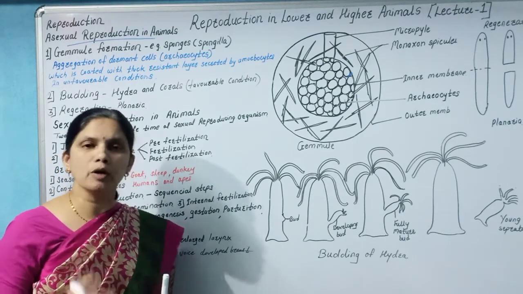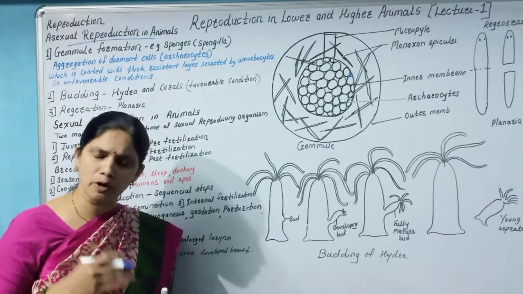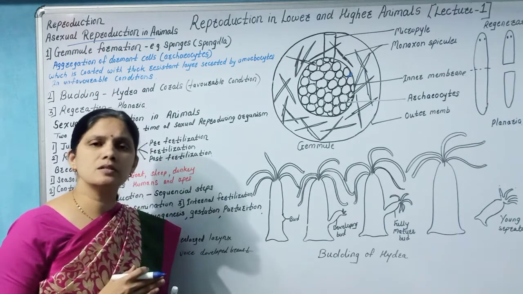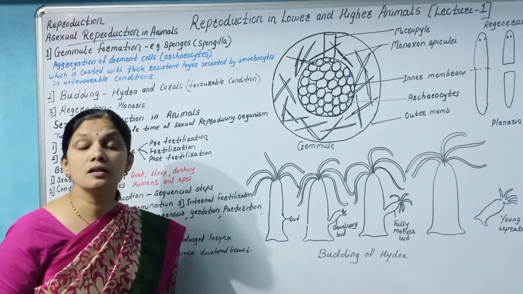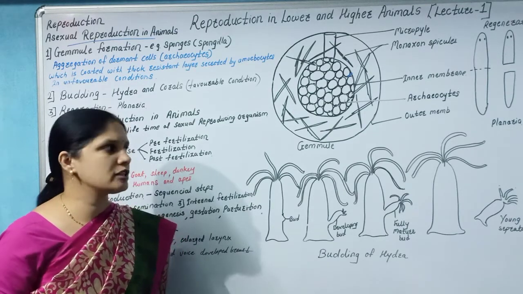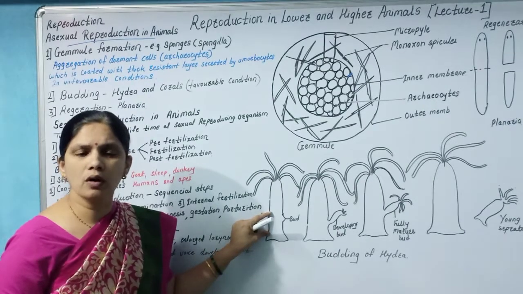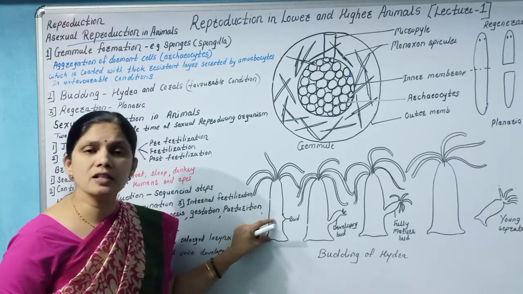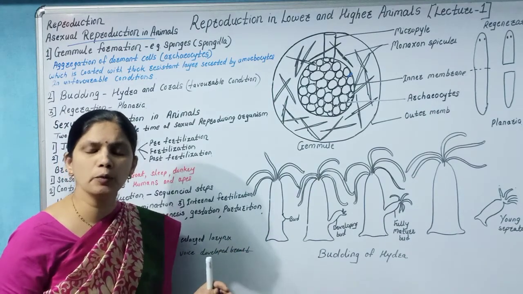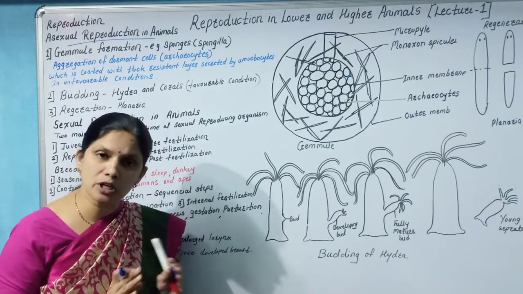Whenever there is a formation of a new organism from the pre-existing one like this, it is known as asexual reproduction. Only one organism, one parent, is involved. There is no need of both parents, and male and female gametes are not involved.